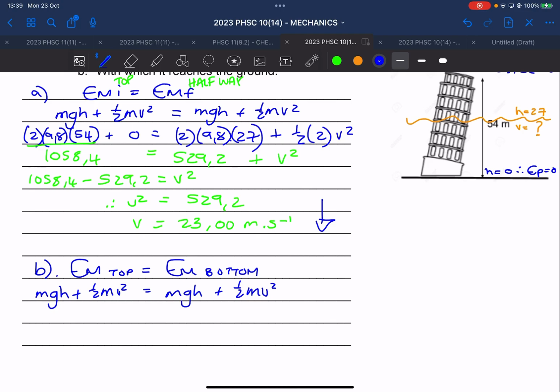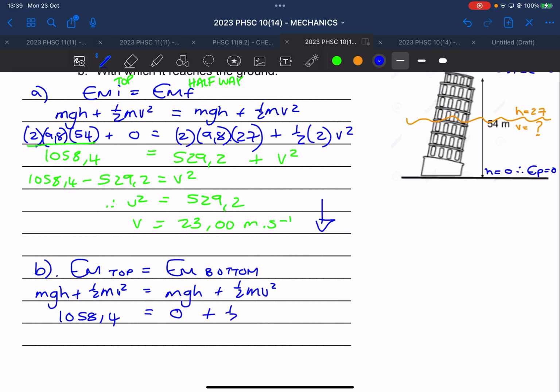Okay, now I'm going to be lazy because I've already filled in all of that there at the top. I already know the value for the potential energy at the top. So I'm just going to fill that in because it's again plus 0. Then that is equal to, at the bottom, the potential energy is 0 because the height is 0. Yes, at the bottom.